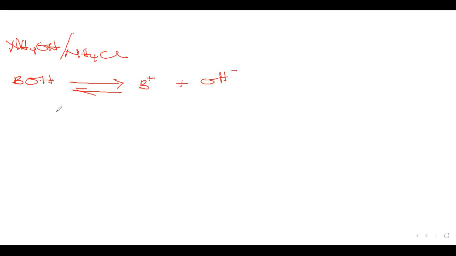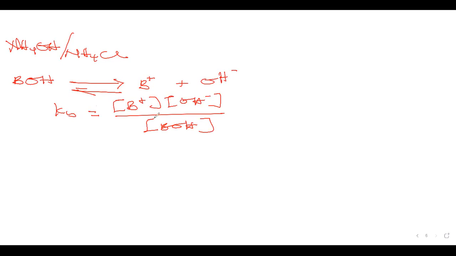Similarly, I can find my Kb from here by saying my Kb is just the product of these two, divided by BOH. But my attention is on the OH minus concentration, so I'll try and make OH minus concentration the subject.